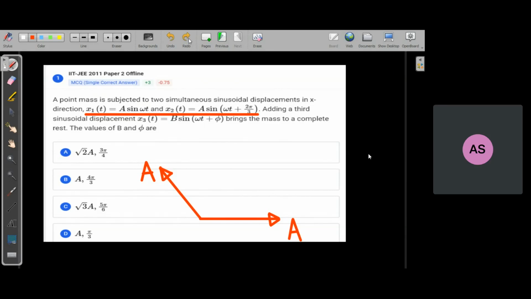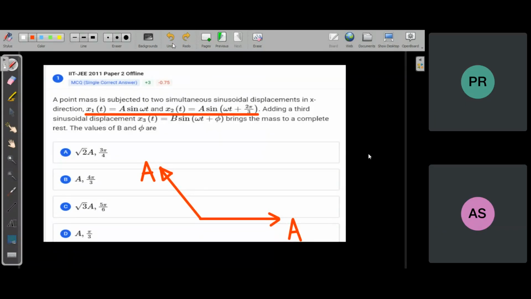So it is actually that the same point mass is subjected to two simultaneous, means at the same time, two displacements. Two displacements does not mean that the particle will have two displacements. The particle will have only one displacement, but that displacement will be the addition of this and this. So vector addition of this and this.